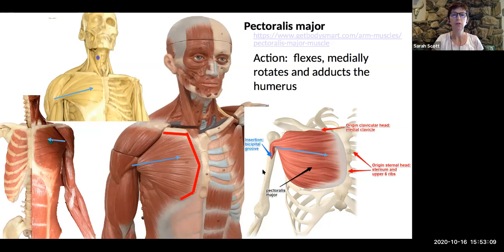So to flex, if you start from here, remember we're focused on the shoulder joint. To flex is to decrease the angle. So if you bring your arm downward toward the body, decreasing this angle, that is flexion. Medially rotating means just hold your arm very still and roll it in the socket.